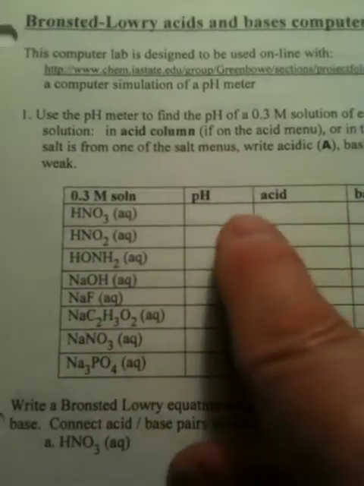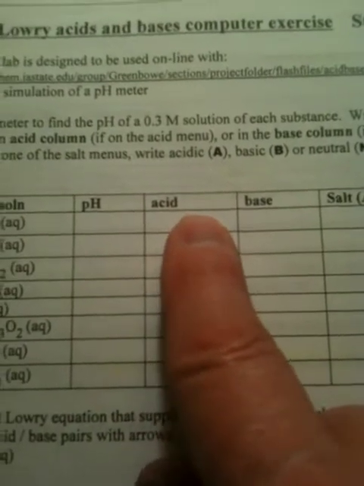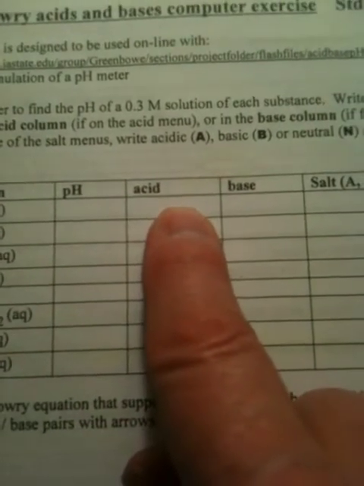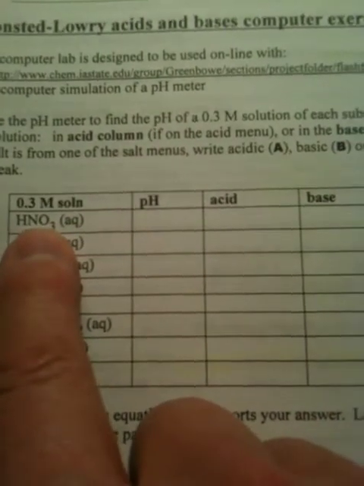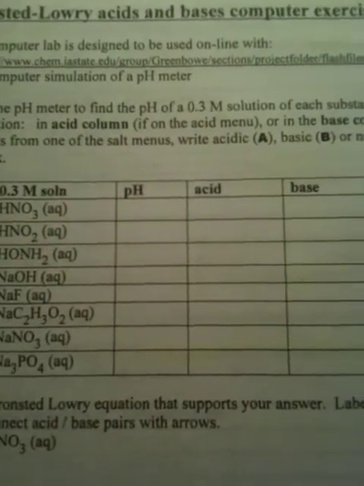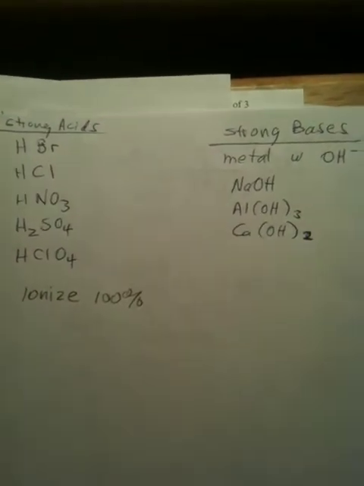So if it's an acid menu item, you're going to record it as a strong acid because it's on our list. And what list are we talking about? It's the list of strong acids and strong bases. If you don't have this already, you need to write it down.